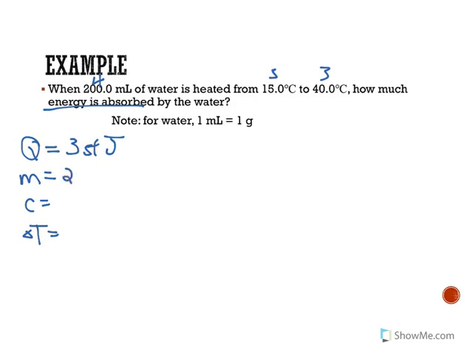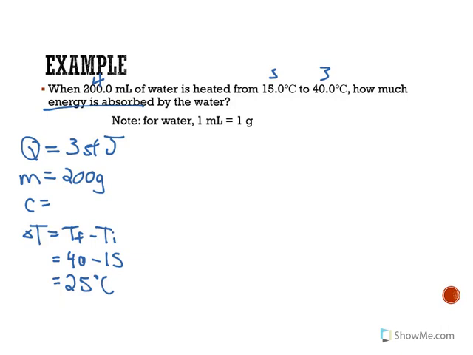So 200 grams of water is heated from 15 degrees Celsius to 40 degrees Celsius, remembering that change in temperature is T final minus T initial. We can say our final temperature there is 40 degrees and our initial is 15. So our change in temperature is 25 degrees Celsius.